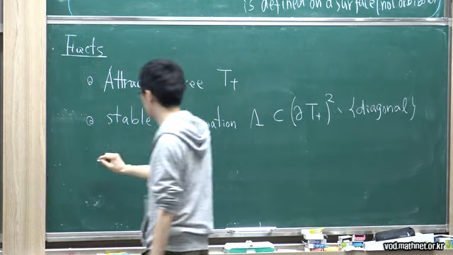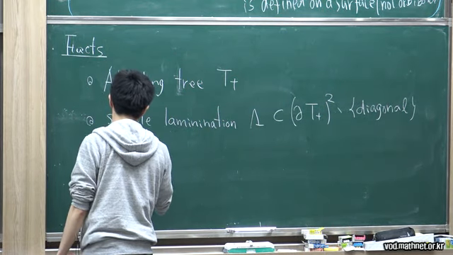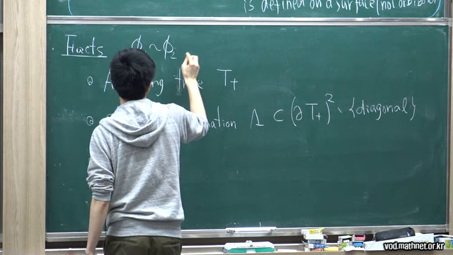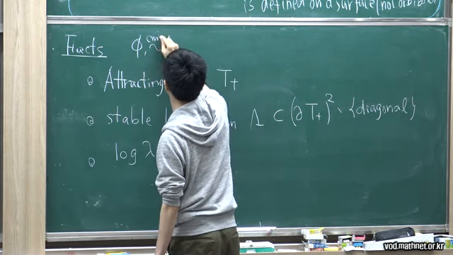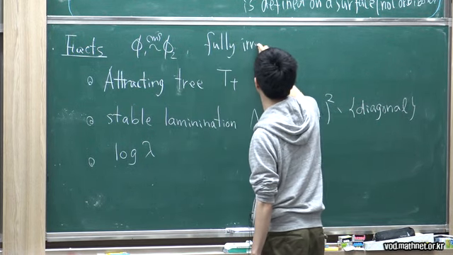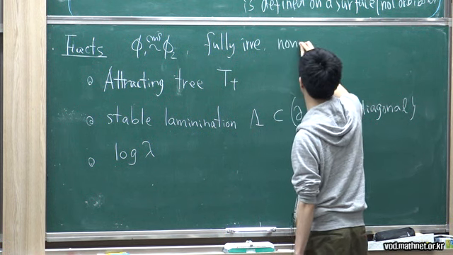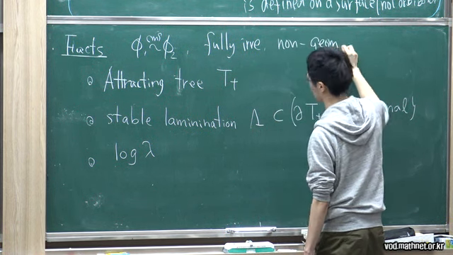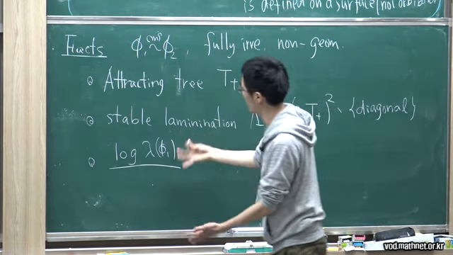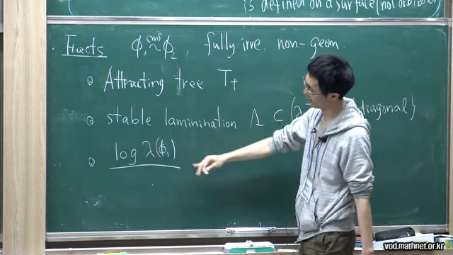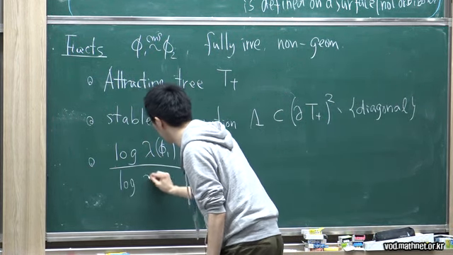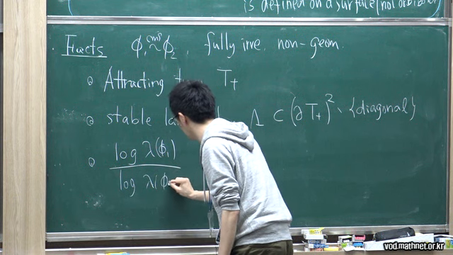And if phi1 and phi2 are commensurable and free irreducible and non-geometric, then the log of the ratio, so we can also define the similar thing, the stretch factor for free irreducible outer automorphisms, and these are also commensurable.